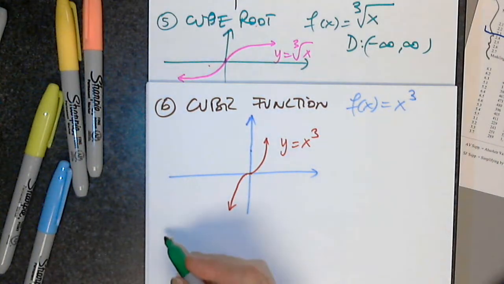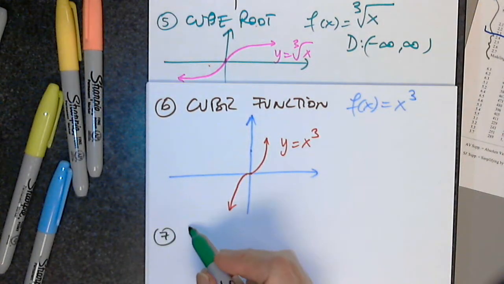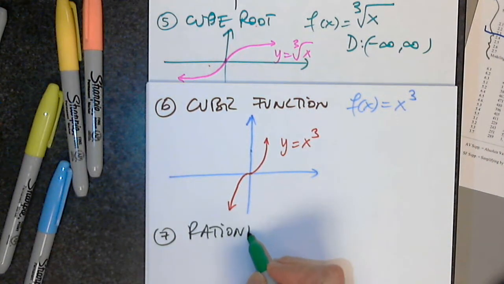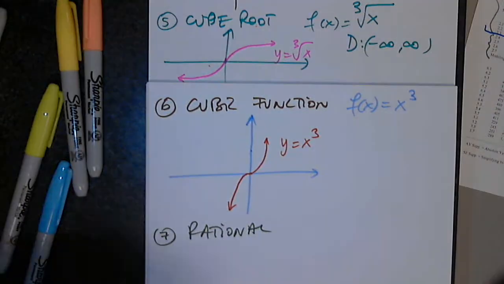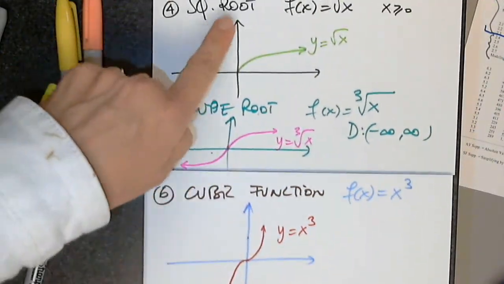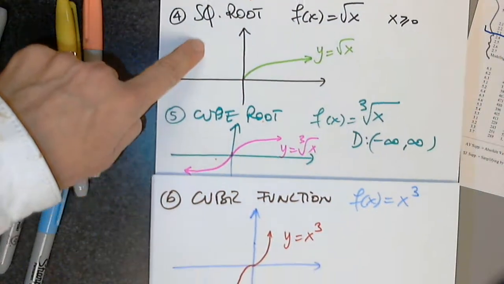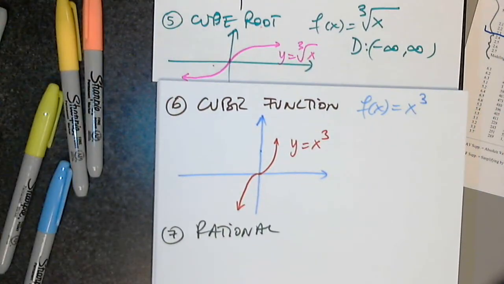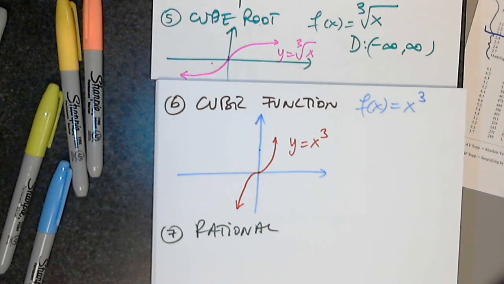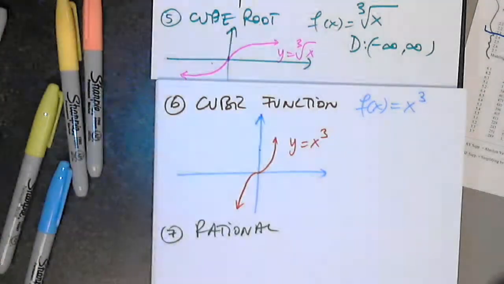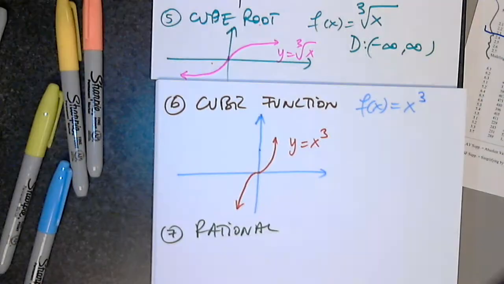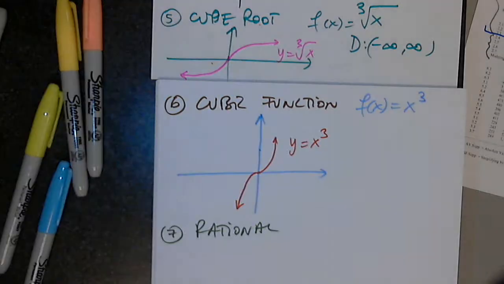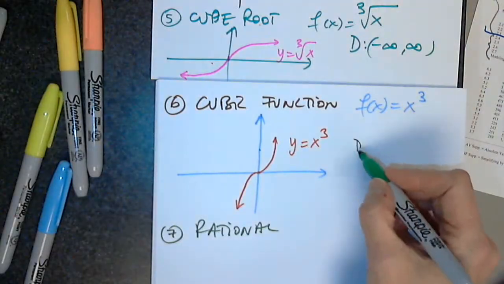And 7, rational. I only wrote here function, but please write function for everyone. Absolute value function, square root function, cube root function. Yes, can anyone give us a domain of the cubic function? Right, it's a polynomial function. All polynomial functions have domain of all real numbers. Very good.